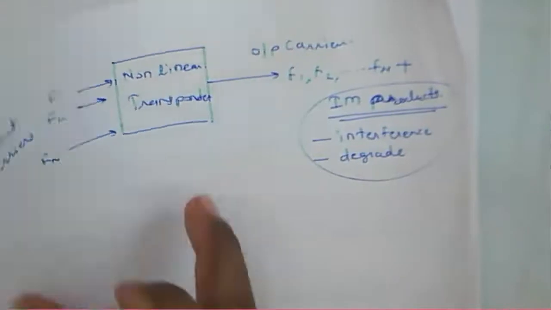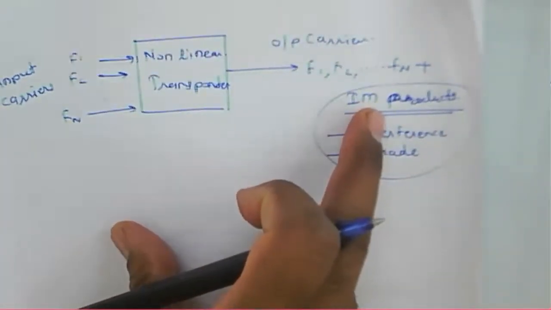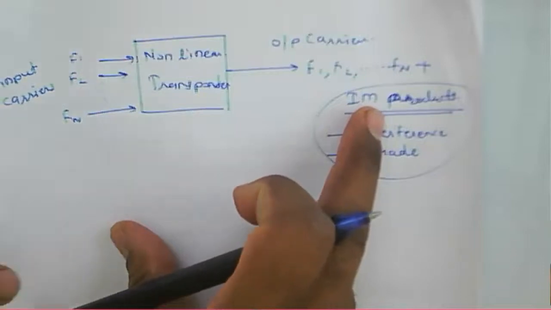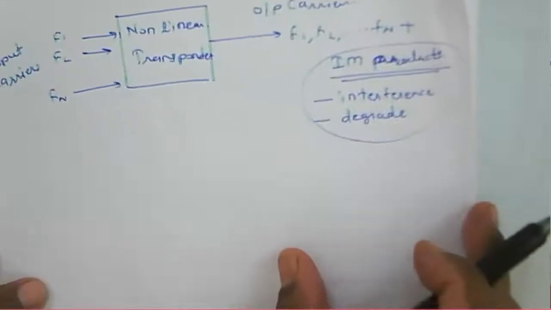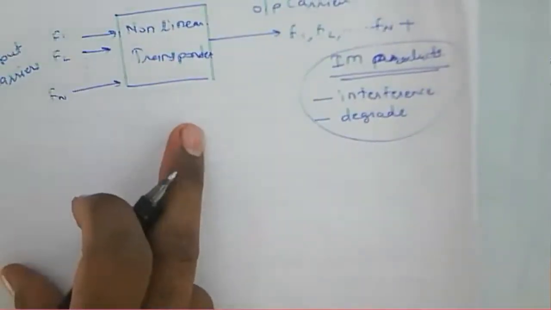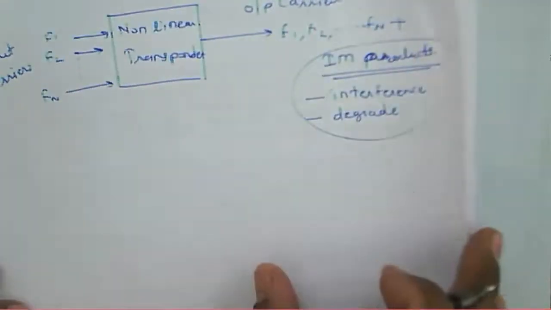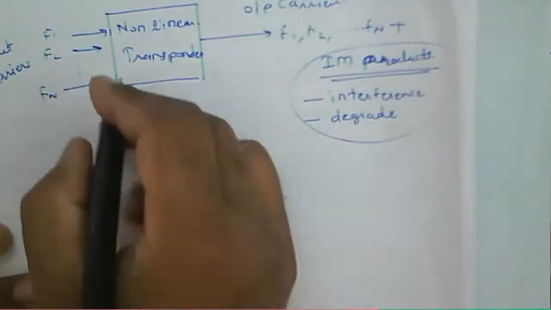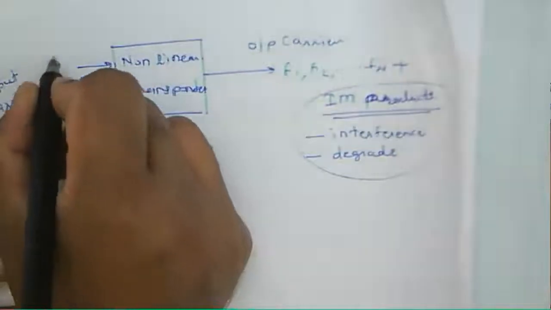Now how does this F1 and F2 plus IM products, how does your output spectrum look like? Okay, so we'll see here. Now we'll take an example of input carriers F1 and F2. Only F1 and F2 we'll take.